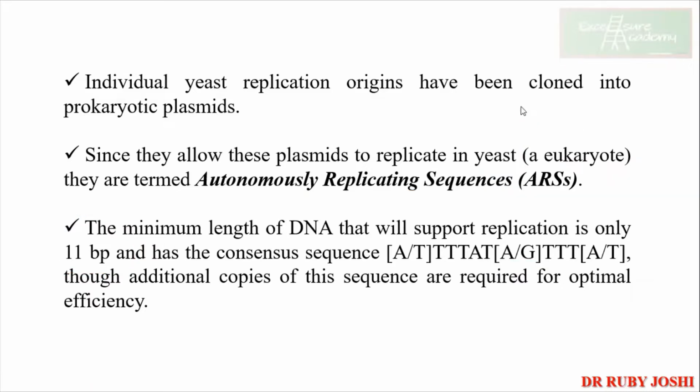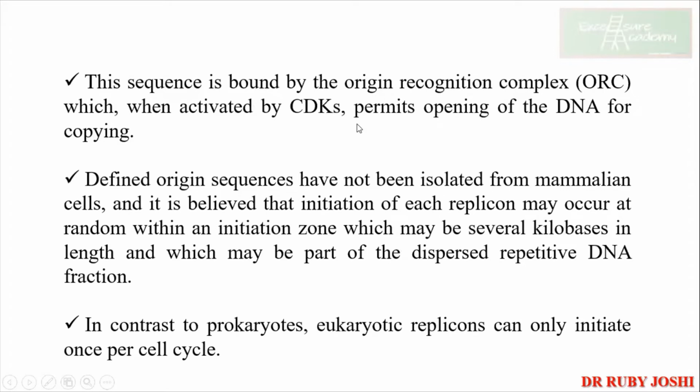Okay, so now the sequence is bound by the origin recognition complex. कौन सा? जो हमने अभी शुरू किया है, ARS. Okay, origin recognition complex. So these are the proteins which will come slowly and bind to the entire ARS. Okay, and the entire thing will finally be known as replisome. Okay, we'll come to that.